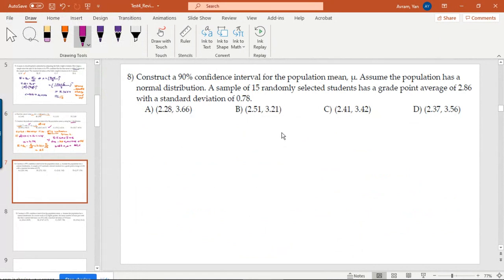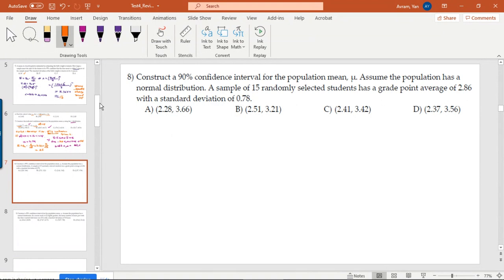All right, next one right here: construct a 90% confidence interval for the population mean mu. Assume the population has a normal distribution. A sample of 15 randomly selected students has a GPA, grade point average, of 2.86 with a standard deviation of 0.78. The challenge here is not the calculation, because I can put this whole thing into the calculator.